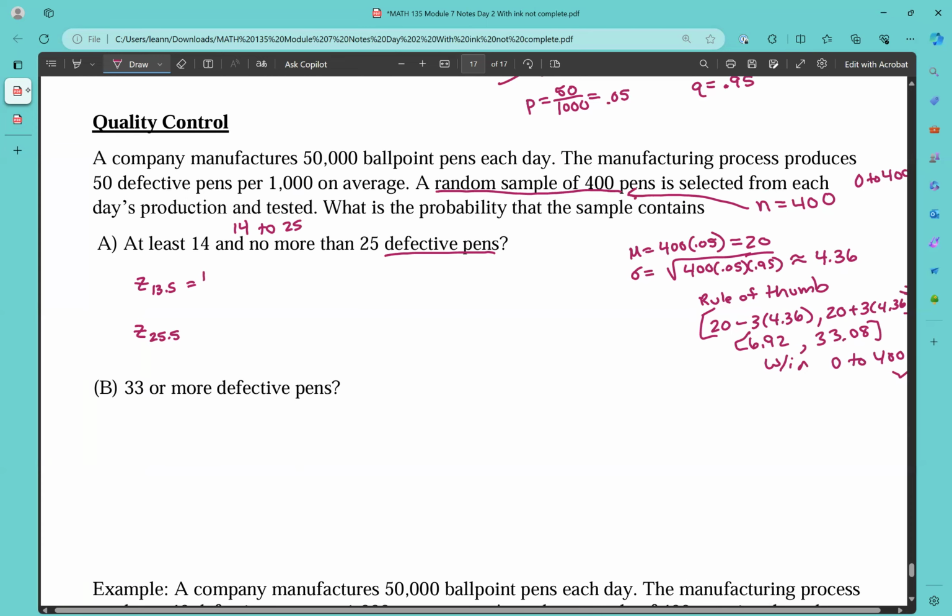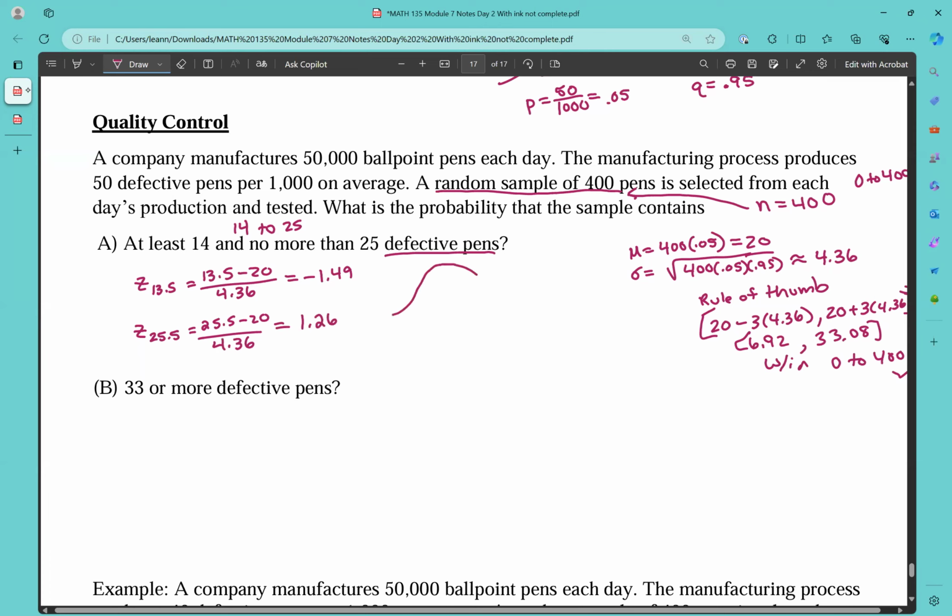So we're going to do our formula. 13.5 minus the mean of 20 that we came up with, divided by the standard deviation of 4.36. That gives you a z-score of negative 1.49. And then we have 25.5 minus 20 over 4.36. That gives me a z-score of 1.26.